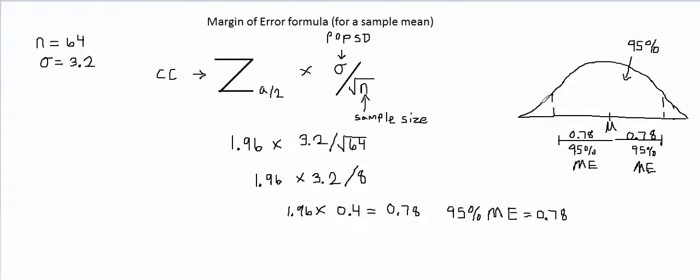Because 95 plus 5 is 100, and it turns out that half of that 5% will be in here, and half of that 5% is here, because the two sides of the curve are the mirror image of each other. They're symmetrical. So this has to be half of the 5% right here, and the other half of the 5% out here.